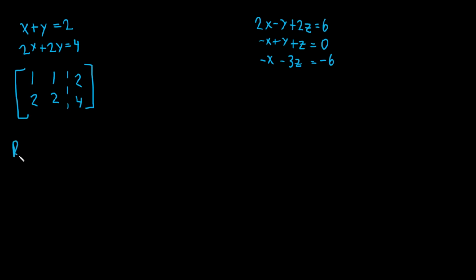We would subtract 2 times row 1 from row 2 and change row 2 in our final matrix. Doing that gets us 1, 1, 2 in our first row because our first row doesn't change. We're only affecting our second row. 2 minus 2 is 0, 2 minus 2 is 0, and 4 minus 4 is 0.